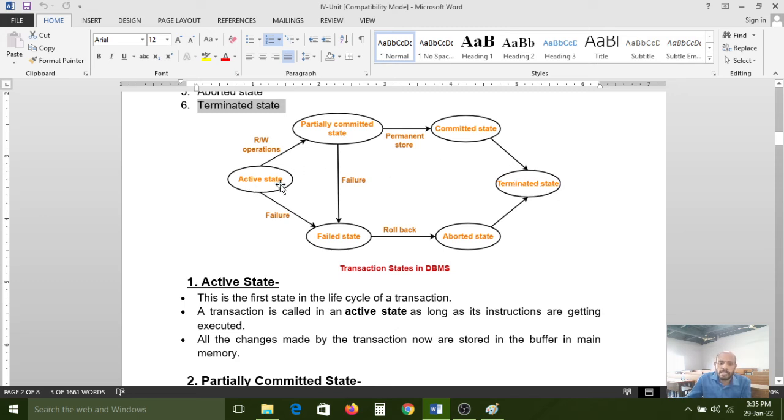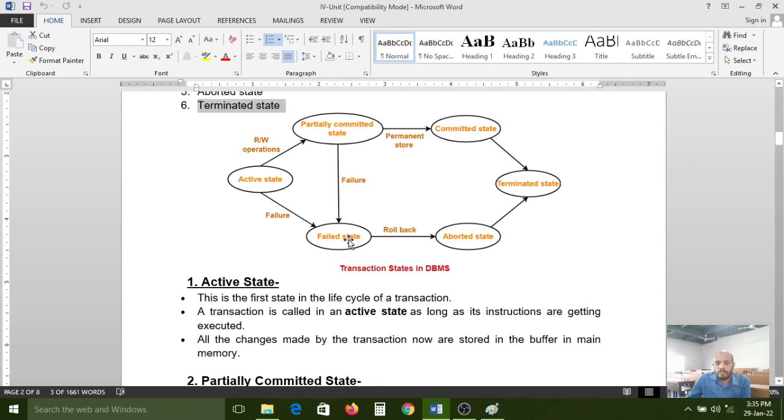Another way: if the transaction is in active mode and in any case it goes to the failed state, then it goes to the aborted state also.